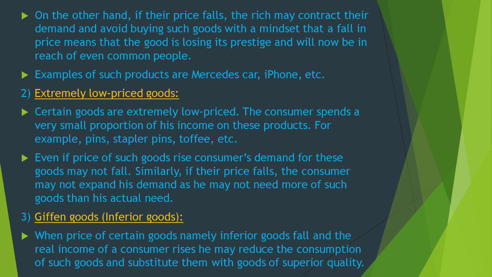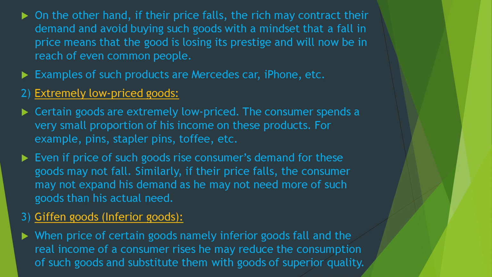On the other hand, if their price falls, the rich may contract their demand and avoid buying such goods with the mindset that a fall in price means the good is losing its prestige and will now be within reach of even common people. Examples of such products are the Mercedes car, iPhone, etc.